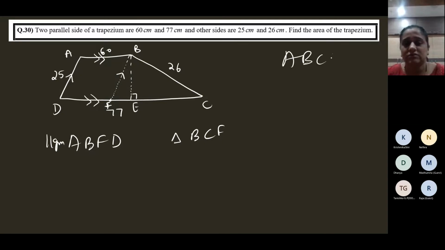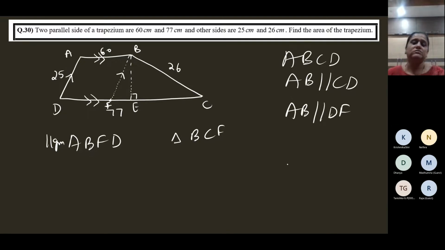ABCD is a trapezium with AB parallel to CD. So AB is parallel to DF. And by construction, we have BF parallel to AD.